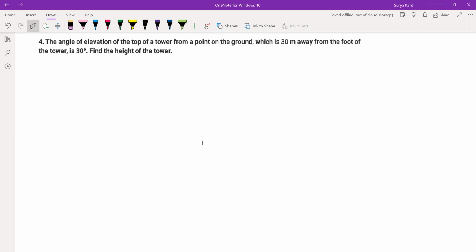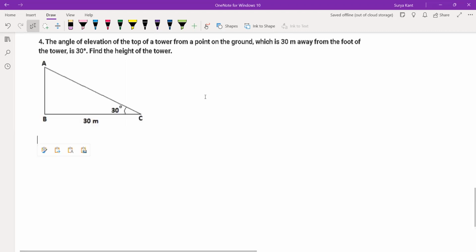The angle of elevation of the top of the tower from the ground. So the tower and all is given. First you always draw a right angle triangle over here. Wherever you get this kind of question, first you make a right angle triangle.